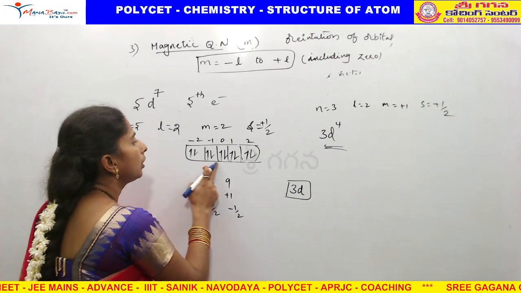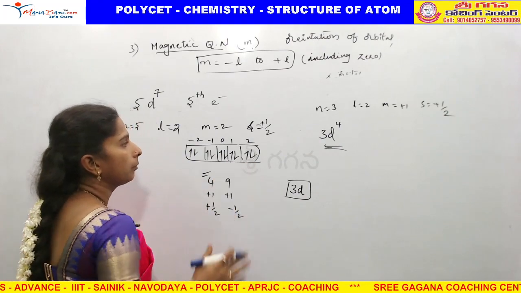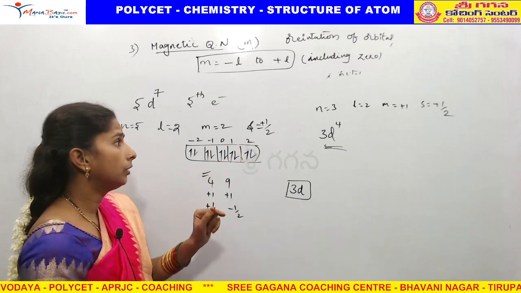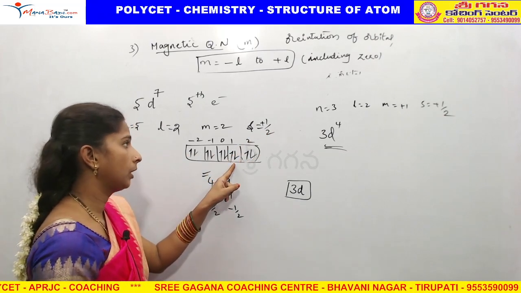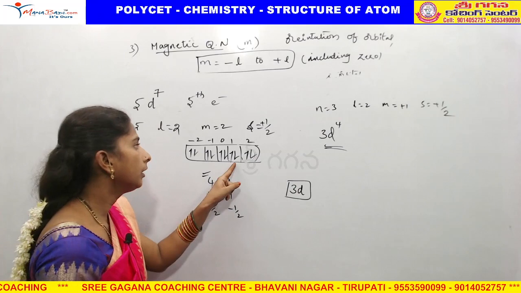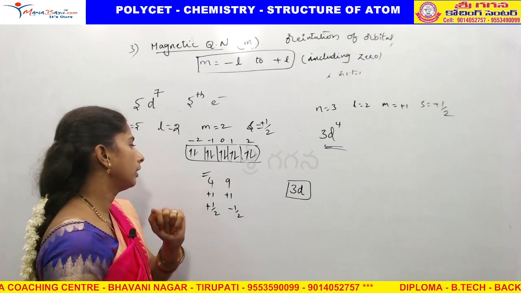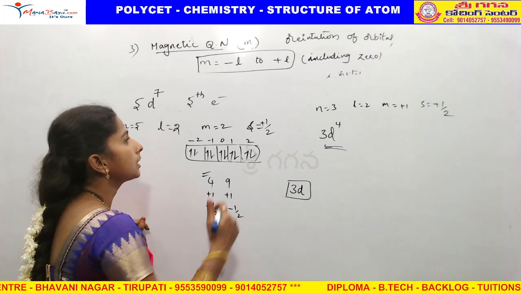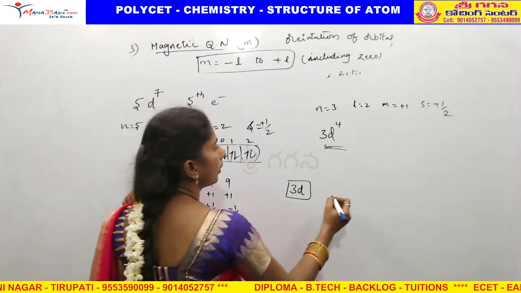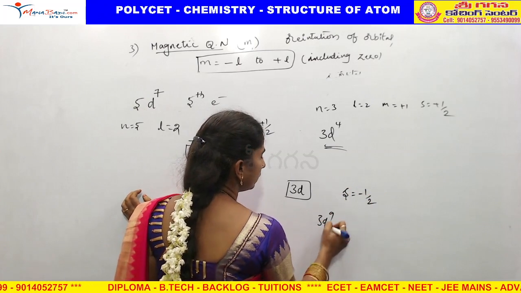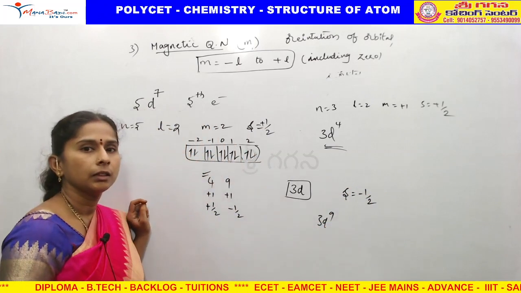If you take a D orbital, 5 suborbitals are there. M value they gave as plus 1, so we are taking the plus 1 orbital. Plus 1 has 2 electrons, the 4th electron and the 9th electron, and by using the spin quantum number, if they give spin as minus half, then it is 3d9.